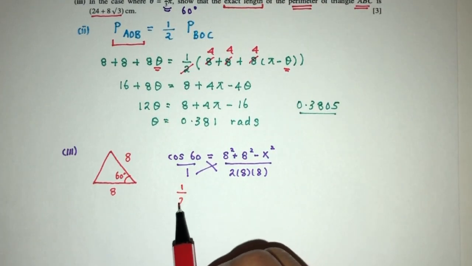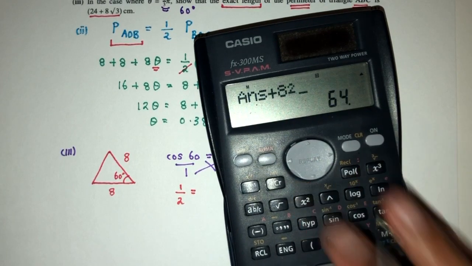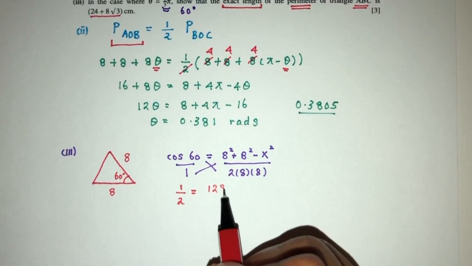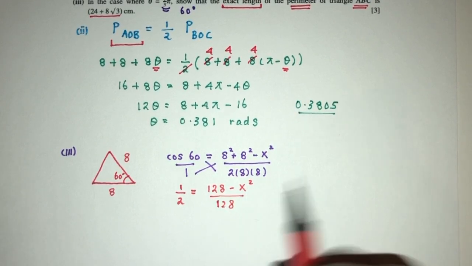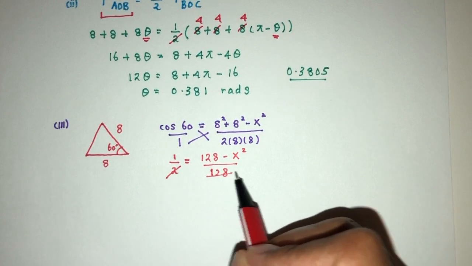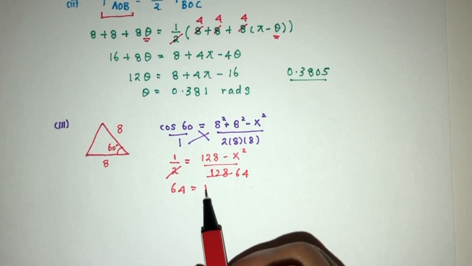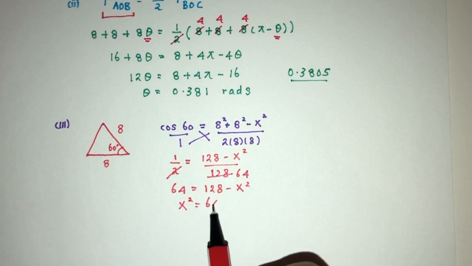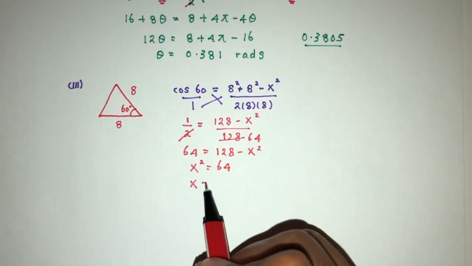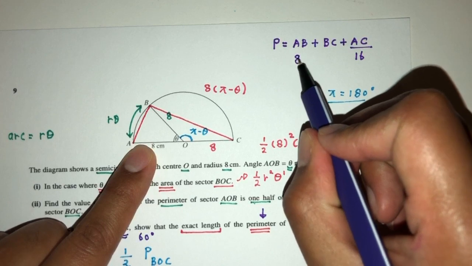That is half equals 8 squared plus 8 squared, that will be 64, that is 128, minus x squared, over 128. Simplify, that will be 64 again. Then we cross multiply, you will have 64 equal to 128 minus x squared. So x squared has to be 64. So finally, x has to be 8. So we have found out the value of AB has to be 8.